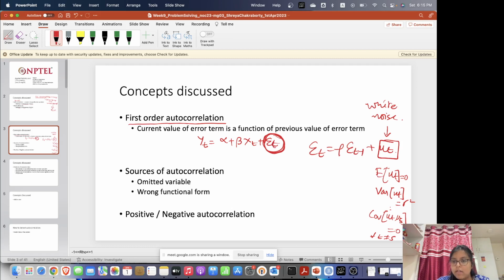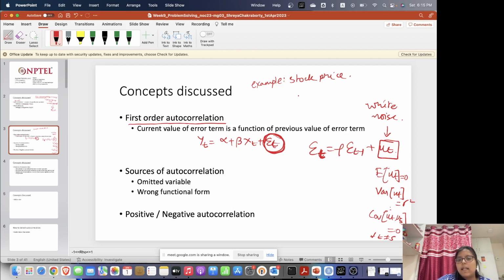Why? Because the current value at time point t, whatever the error is, is linearly dependent on what the error was at a previous time point. As an example, take stock prices. It is highly likely that whatever the price is today and what the price of a stock will be tomorrow will be closely associated.